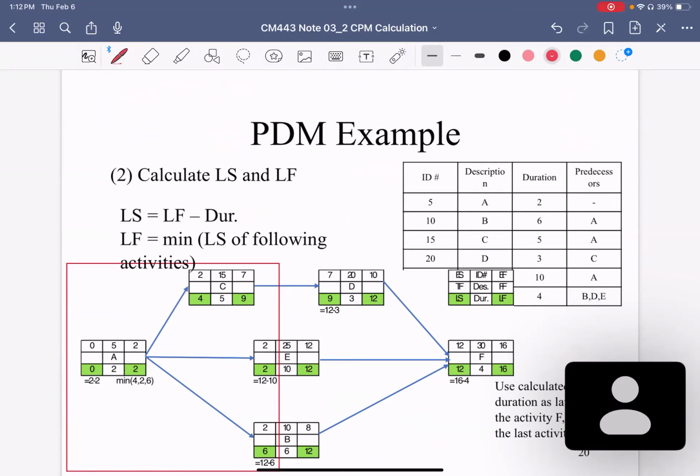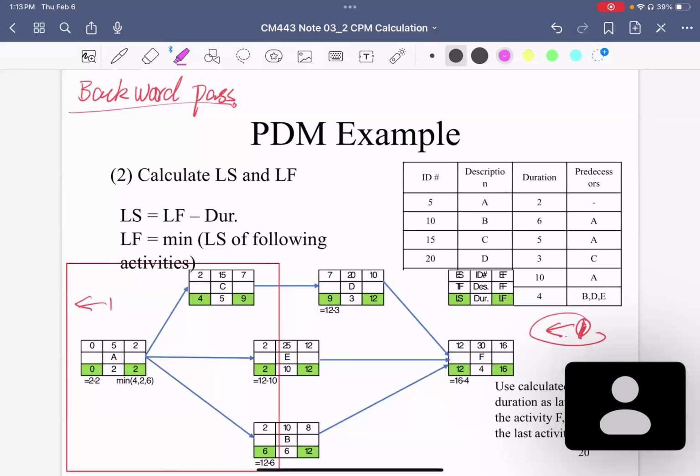For this one, we are using the backward pass. The backward part is the same, but we start from the end of the diagram and work toward the start. The backward pass is going to determine two things: the late start time and the late finish time.